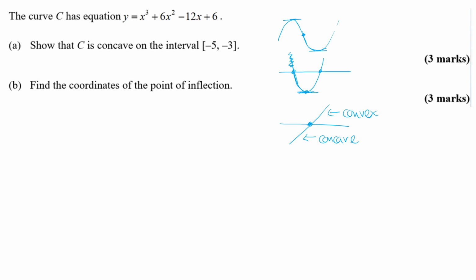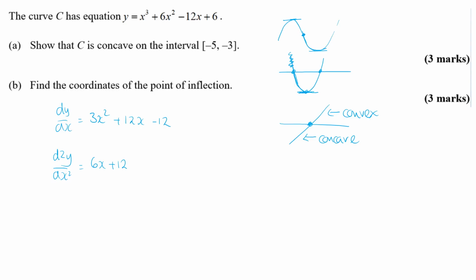So if y is that equation there, dy by dx is going to be 3x squared plus 12x minus 12. Need to go again and find the second derivative. So that's going to be 6x plus 12.